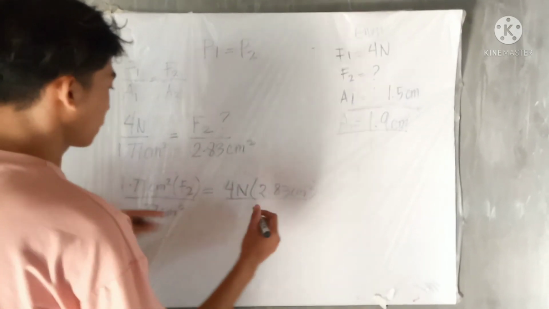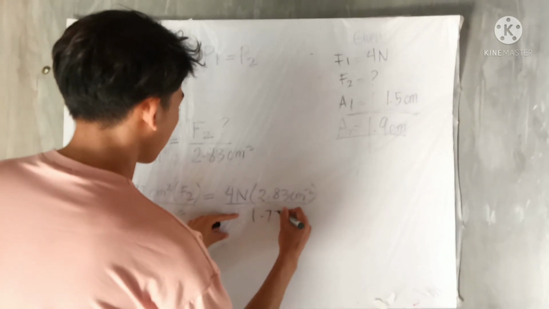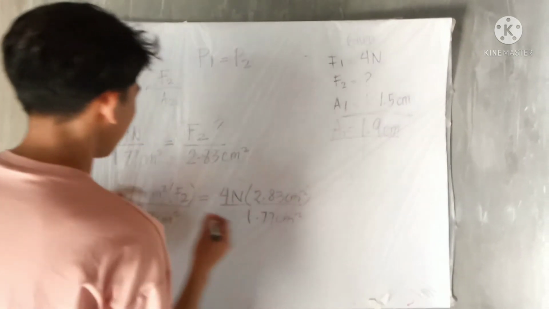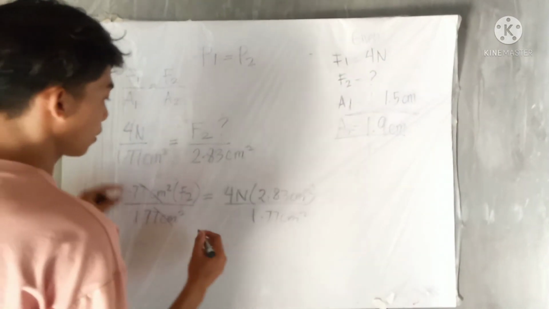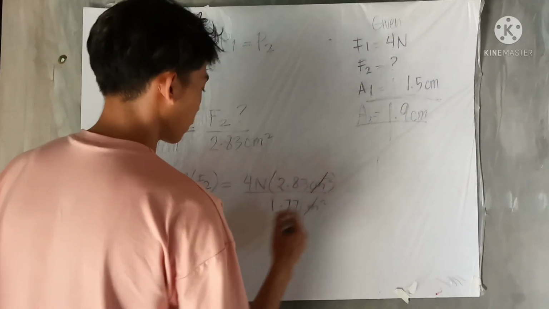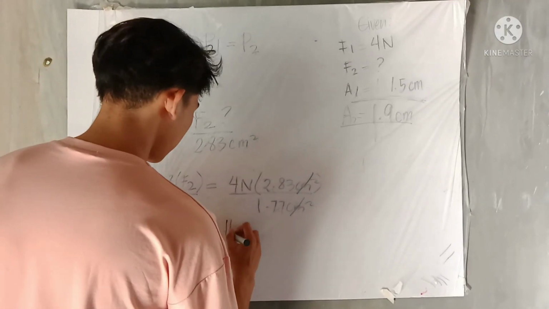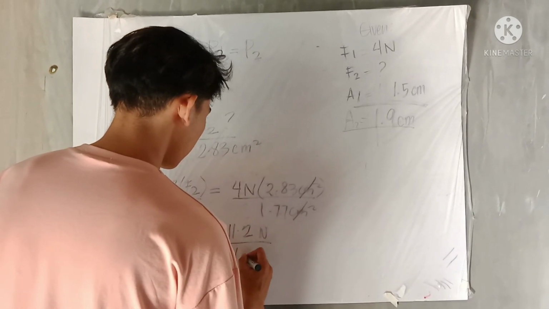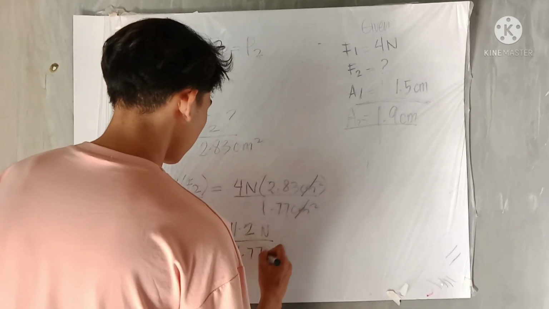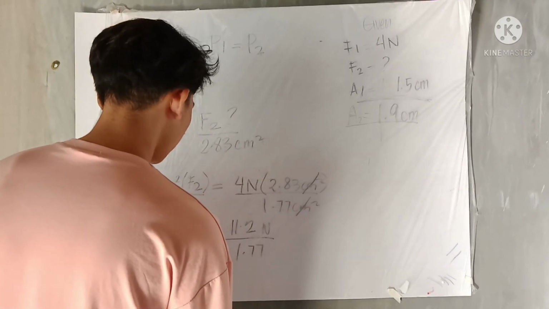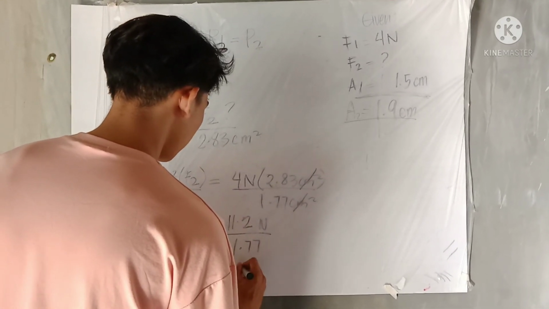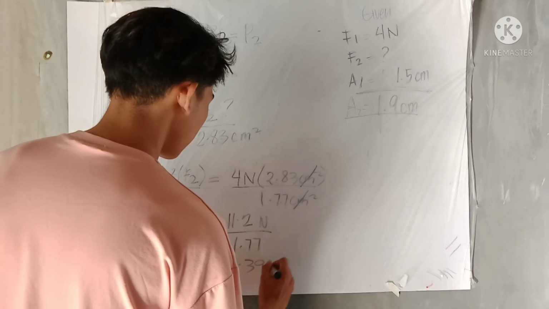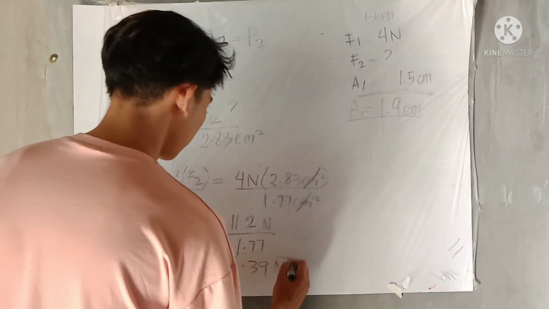Divide both sides by 1.77 squared centimeter. Cross out the same units. 4 newtons times 2.83 is equals to 11.2 newtons divided by 1.77. Now the resulting value for F2 would be 6.39 newtons.